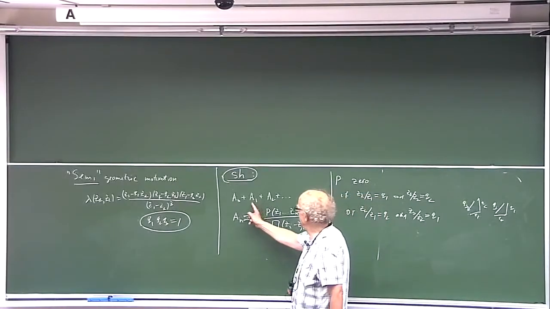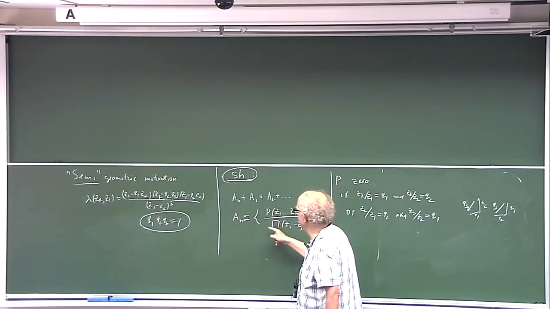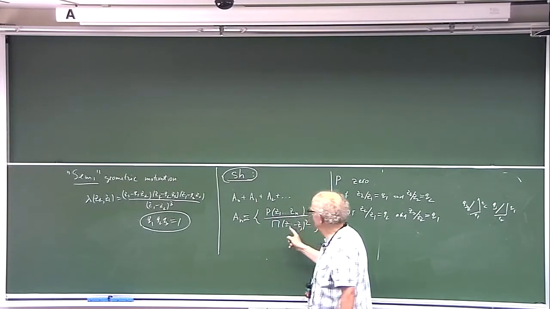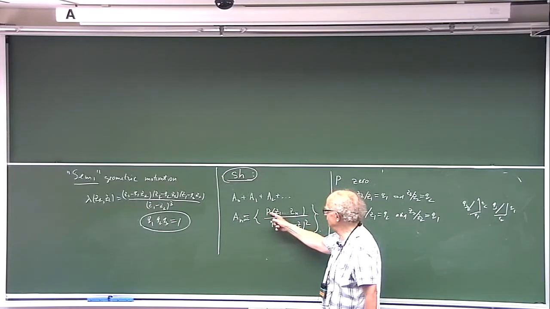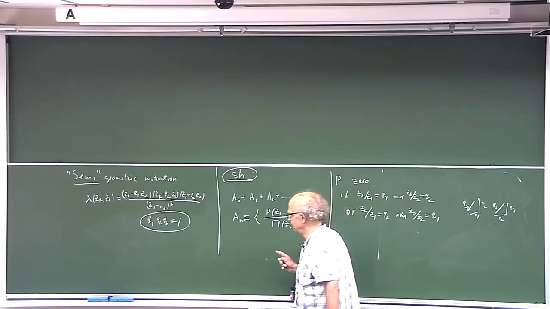It means that I take elements from A1 and start to calculate products and linear combinations of products. I get all symmetric functions in the top, with poles in the denominator.